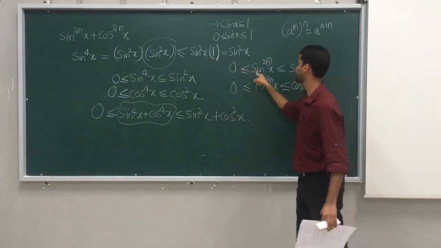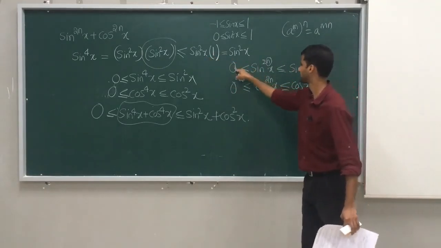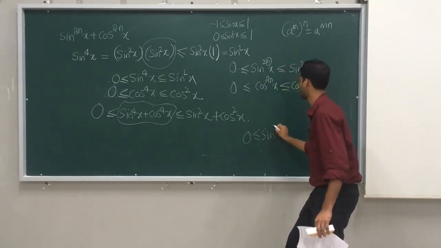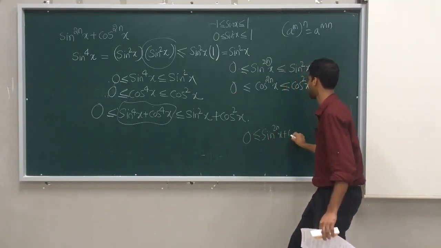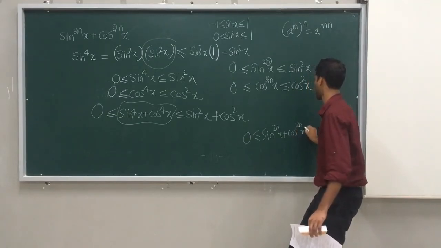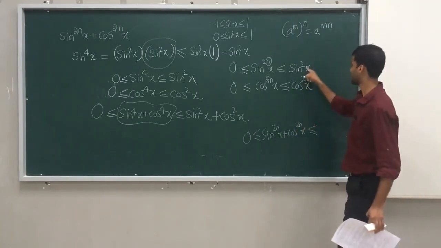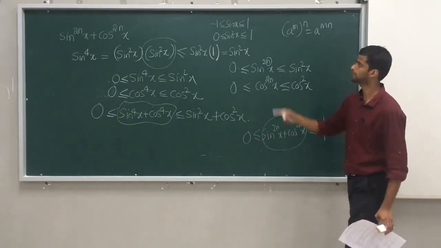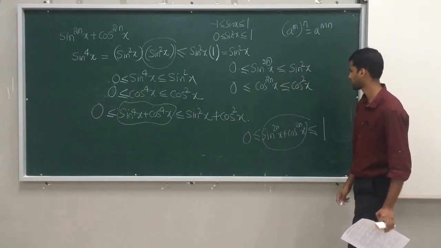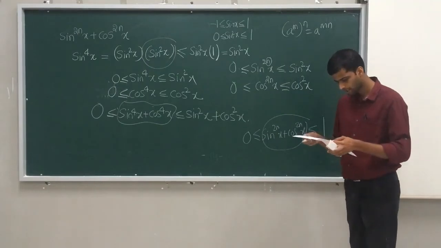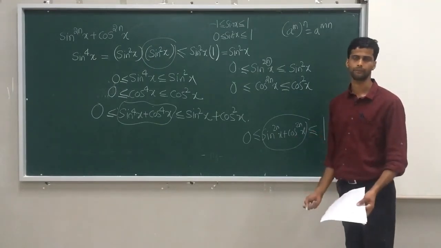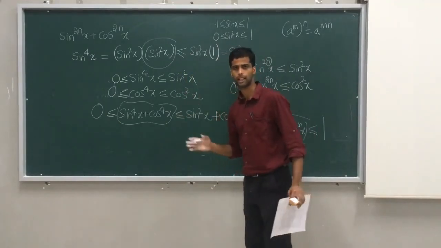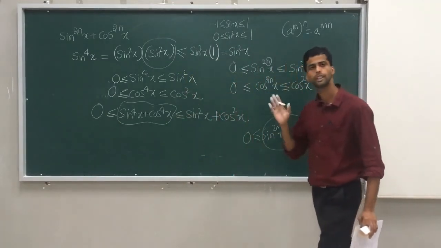Adding, 0 is less than or equal to sin raised to 2nx plus cos raised to 2nx, which is less than or equal to sin square x plus cos square x, which is 1. So they expected sin raised to 2nx plus cos raised to 2nx to lie between 0 and 1. It is because of this particular result. That's why I repeatedly told you, please go through the notes.